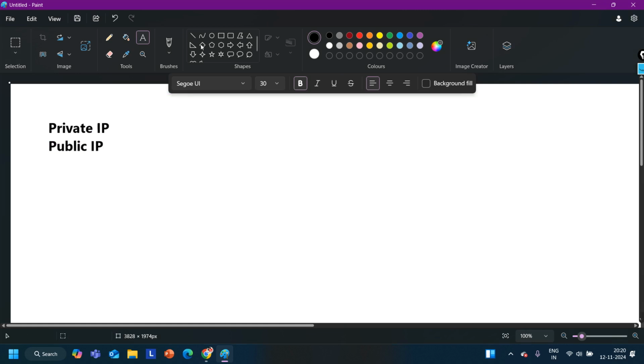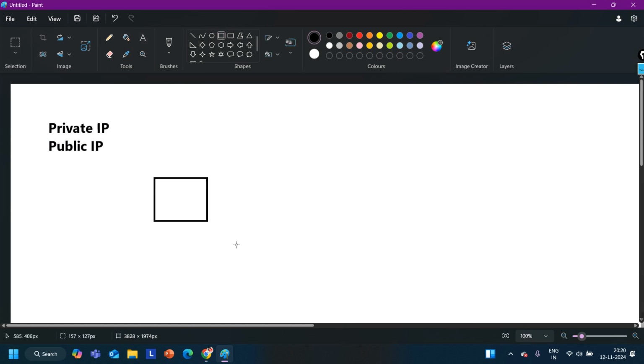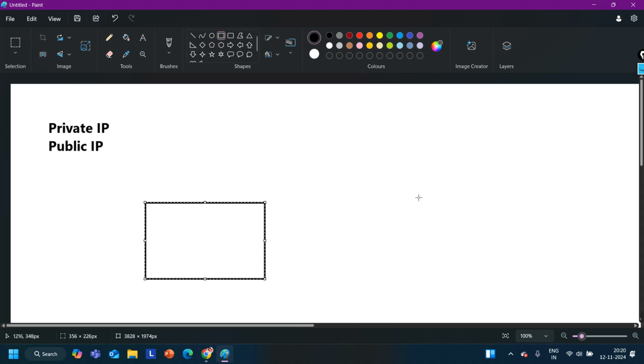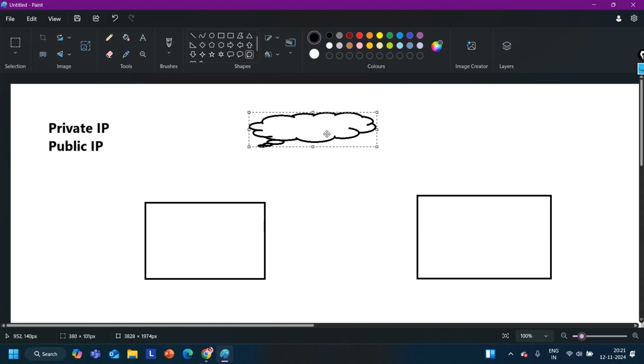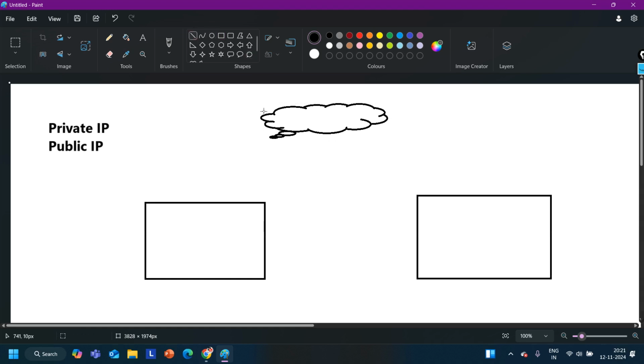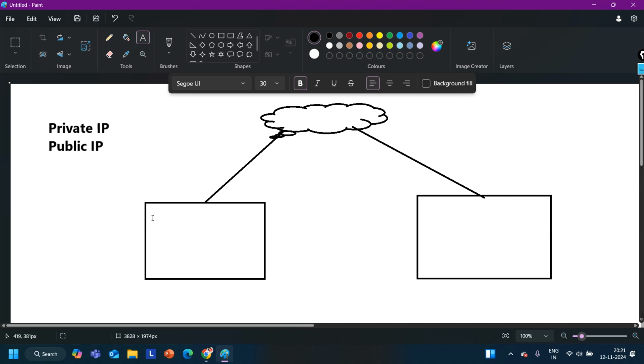For example, two companies, XYZ and ABC, both connected through the internet, and both using a private network, let's say 192.168.1.0/24.